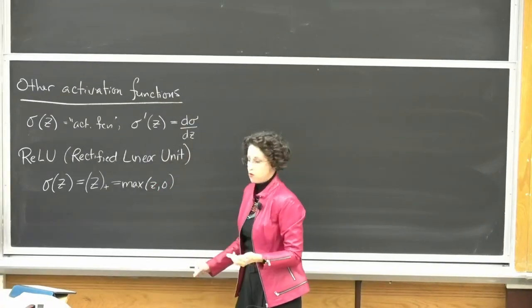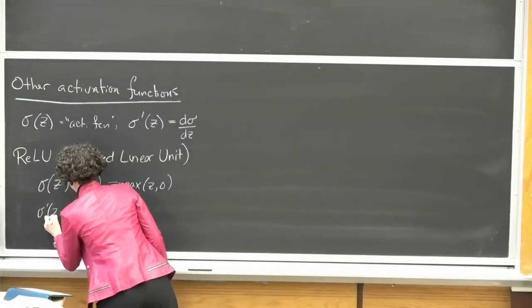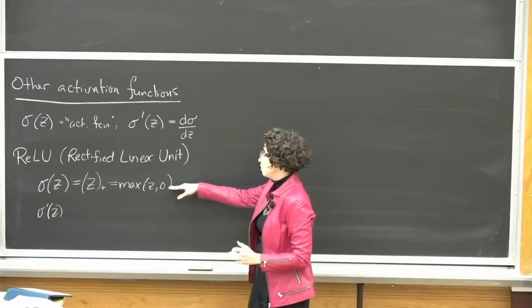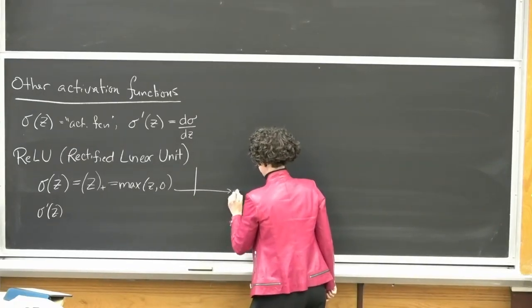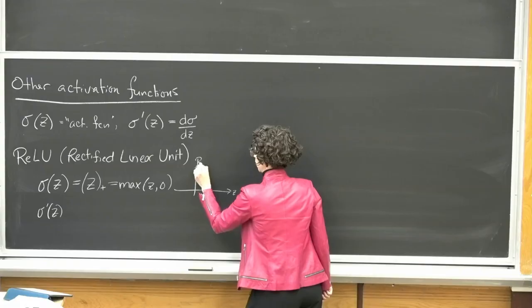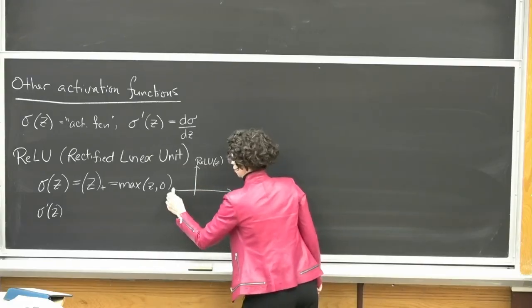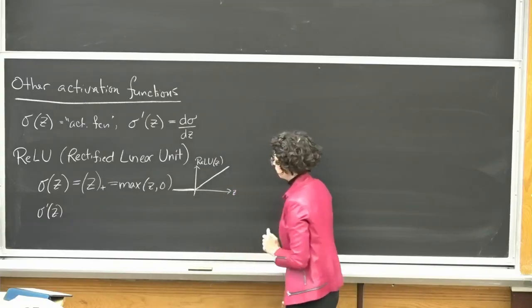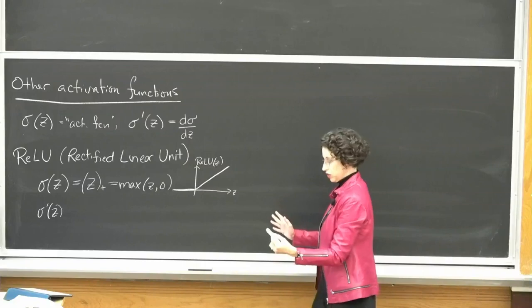The derivative isn't exactly differentiable everywhere. If we were to plot ReLU of z as a function of z, it looks like 0 and then linear. Right at 0, it's not differentiable, but everywhere else it is.